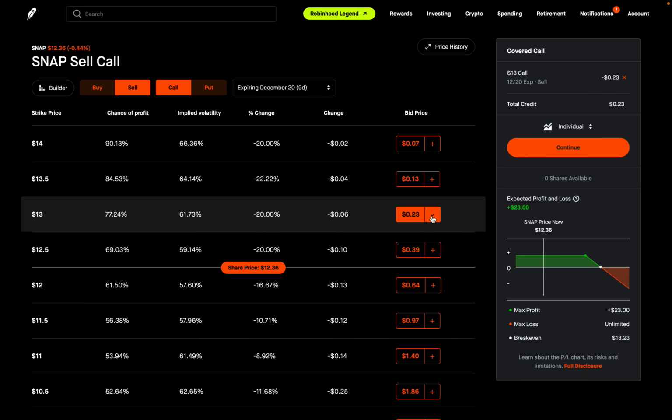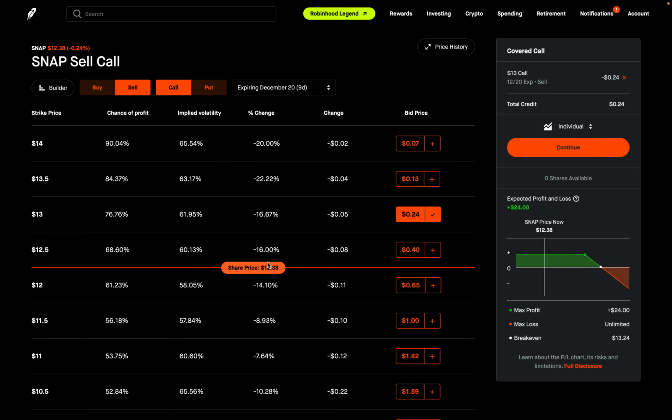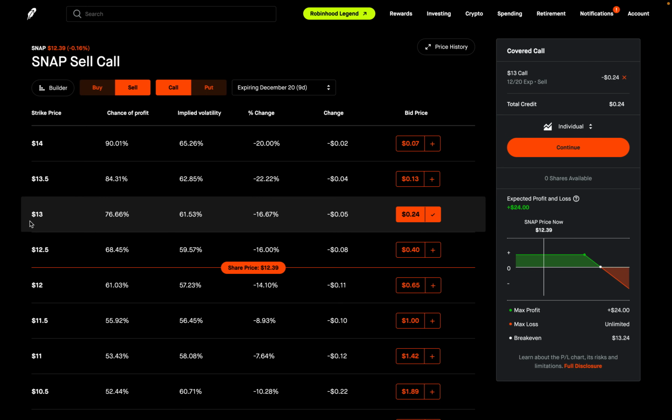So again, for selling this call, I'm going to get paid a premium. How much? 23 cents per share. Again, each contract controls 100 shares. So I would get paid $23 to sell this call. And in exchange, I would have to put up some collateral. When you're selling a call, your collateral is the 100 shares that you own. And again, one of two things will happen at expiration. Either the share price will be at the strike price I selected or below.